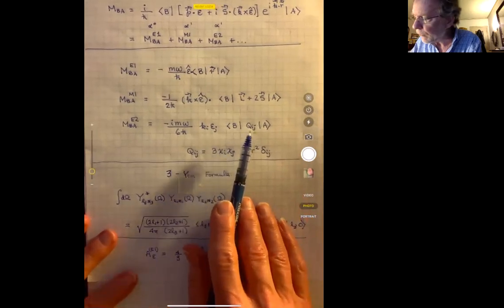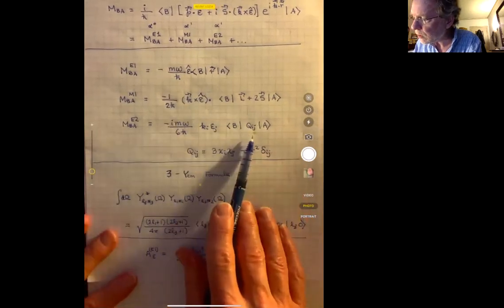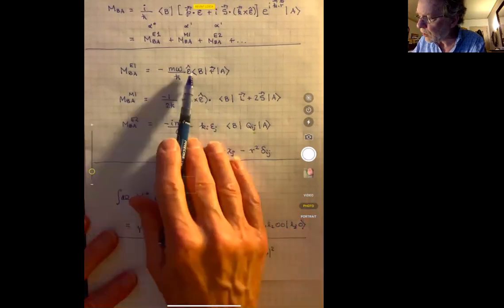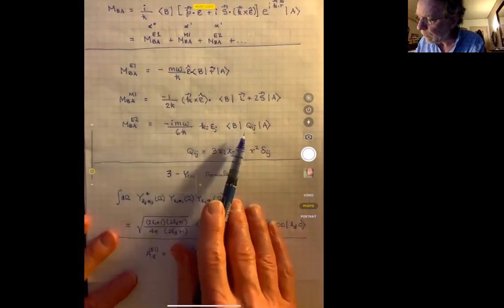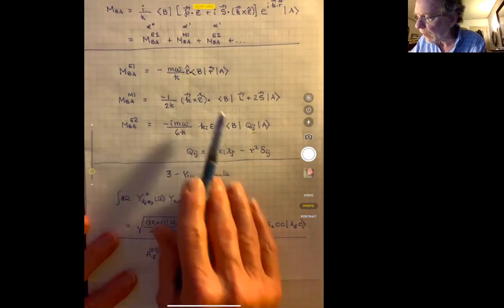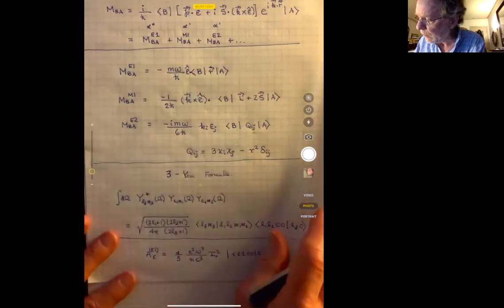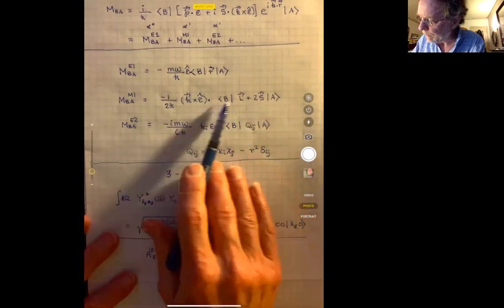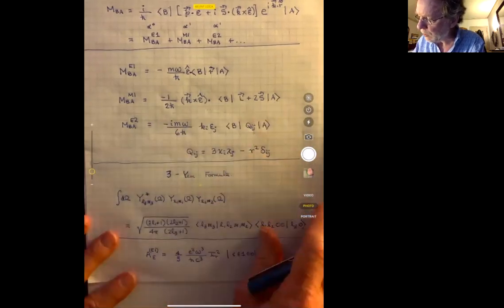And all three of these operators are actually irreducible tensor operators. So now you start to see some playground for the application of the Wigner-Eckhart theorem. These are exactly where the Wigner-Eckhart theorem is useful: matrix elements of atomic states between irreducible tensor operators. So allow me to address that question here.